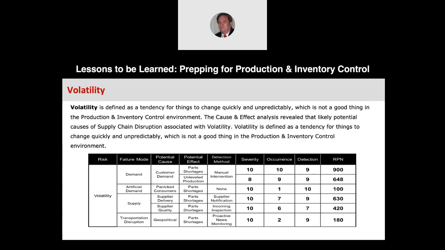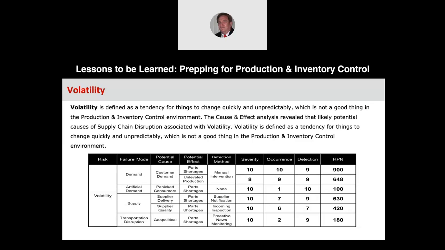So here for volatility, if I can prioritize, number one would be demand volatility. We'll see this is one of the number one issues that you'll see in your supply chain and in your production inventory control.